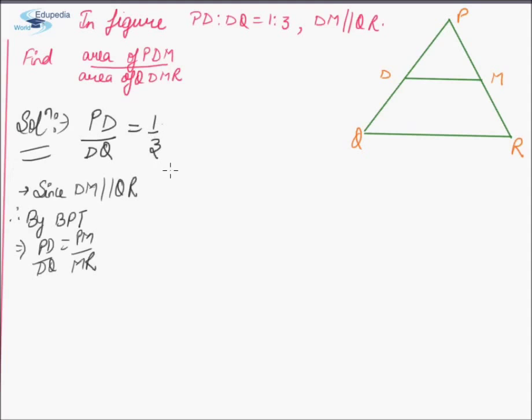But PD over DQ is 1/3, therefore PM over MR also becomes 1/3. Let this be equation 1.